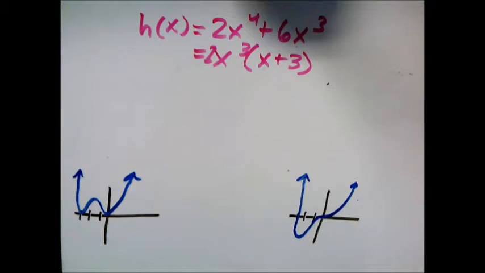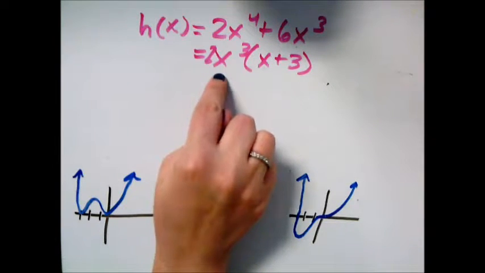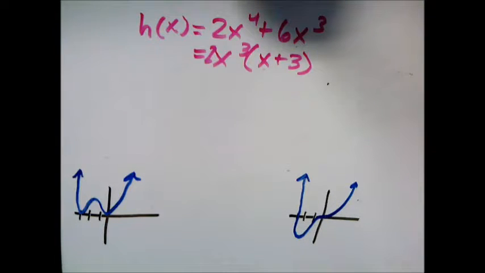Okay, so if you've noticed, when a 0 is repeated more than once, so say like this one's repeated 3 times, if it's repeated twice, like x squared, that's how you get these where it just touches the axis and doesn't go through it. And so on this one, this would have to have -3 as a 0 twice, and it would have to have 0 as a 0 twice.